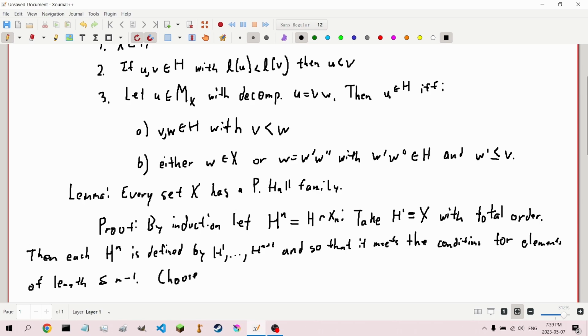Choose any total order on H^n, and put u less than v if u is in H^i, v is in H^n, and of course i is less than n.